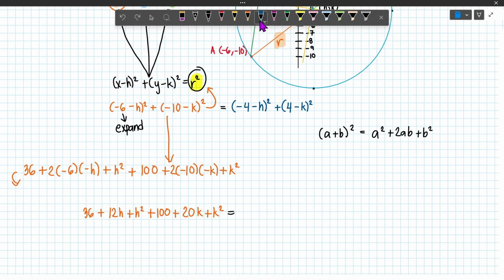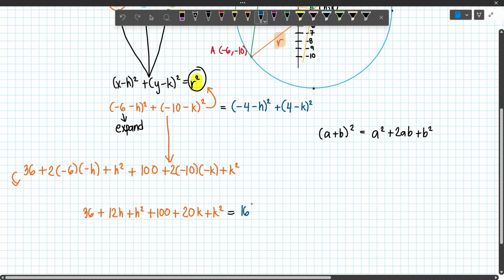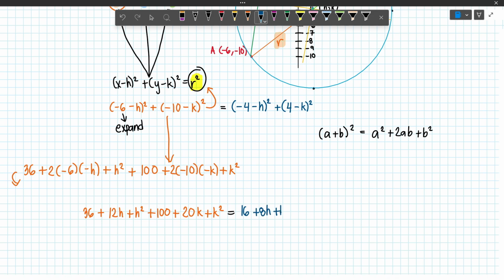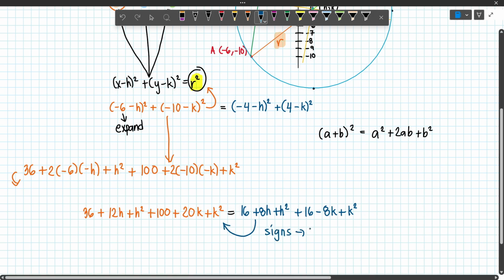So that will be 16 plus 8h plus h squared plus the square of this one, 16 minus 8k plus k squared. Now, to simplify our equation, we can transpose this to the left side, and the signs will be opposite.